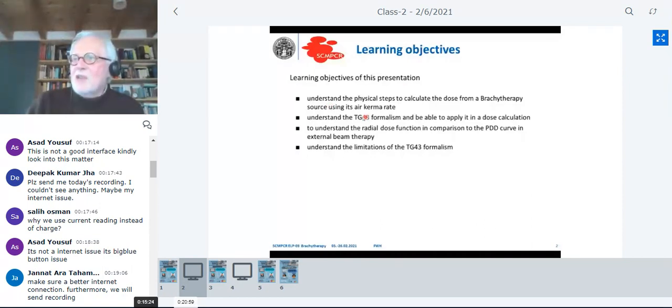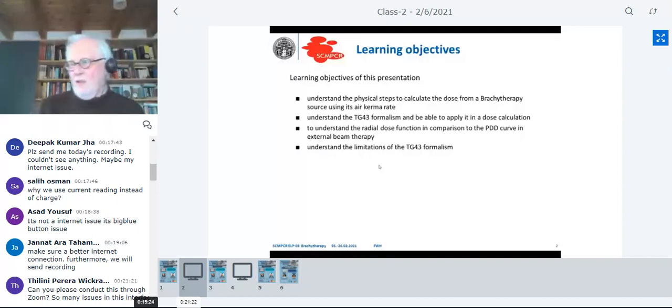The planning system doesn't do it the way I'm going to show it first, but it uses the TG-43 formalism. You need to understand how this TG formalism works and how it is applied for dose calculation. I also want to show you the limitations of the TG-43 formalism, which are actually not many.